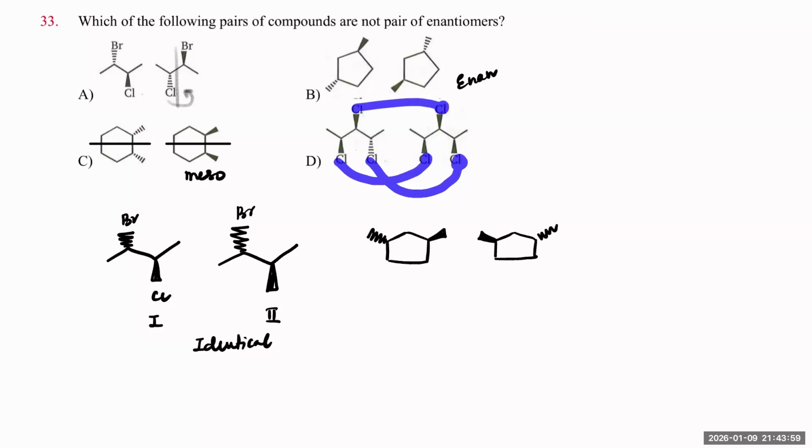Which clearly suggests that there is no plane of symmetry here. That means there is some chirality on this carbon here, correct? But are these two enantiomers? No, they are not enantiomers of each other. Hence, what are these two? Diastereomers, because they are not mirror images.